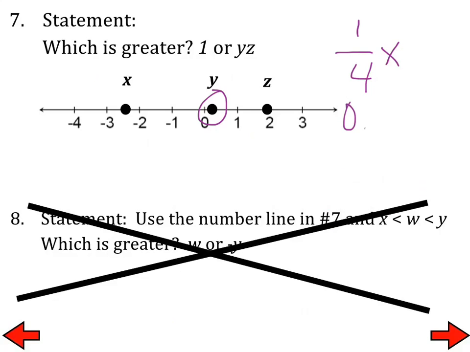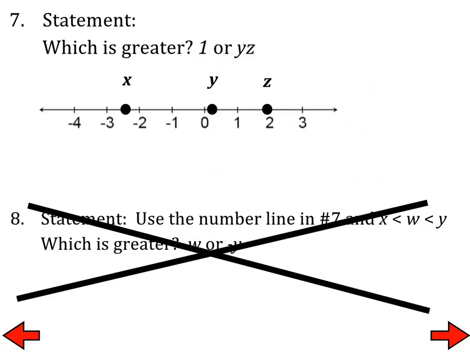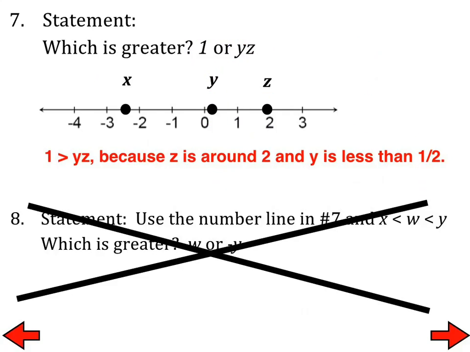But if you multiplied 0.25 times 1.9, which is about what they are, is that going to be bigger than 1 or smaller than 1? It's smaller than 1. So it looks to me like no matter what those two are, yz is going to be smaller, so 1 has to be bigger. Think about this. Even if y was 1/2 and z was 2, which neither one of them are, they're both less than that. 2 times 1/2 is 1. So that should clear that up, that 1 is the bigger of the 2.